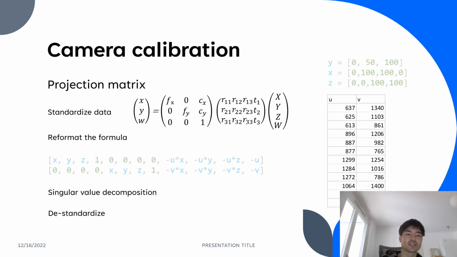But basically, one of the matrices SVD can output is the projection matrix. And of course the data is standardized, so you have to destandardize the data.